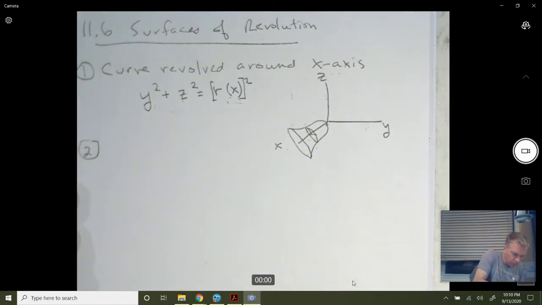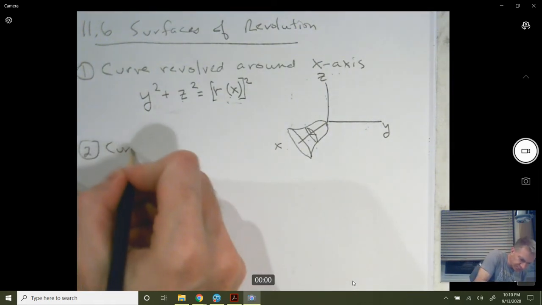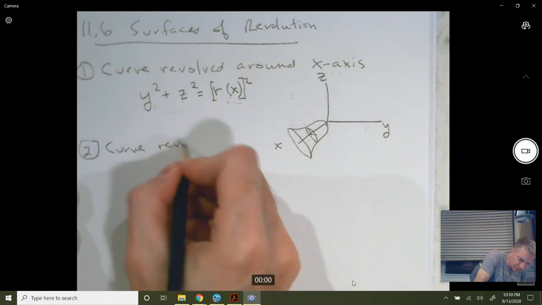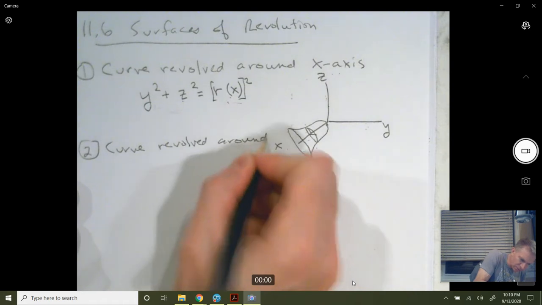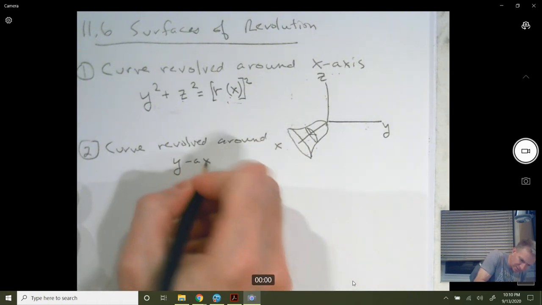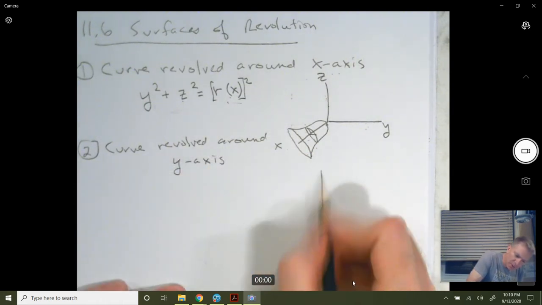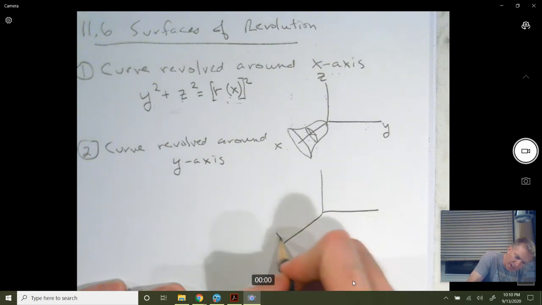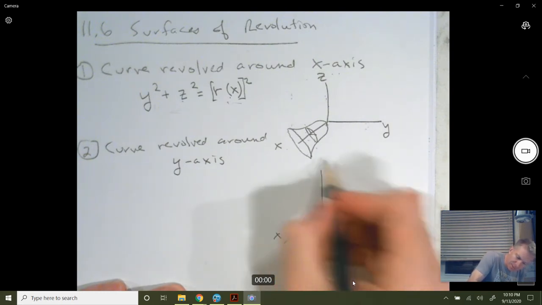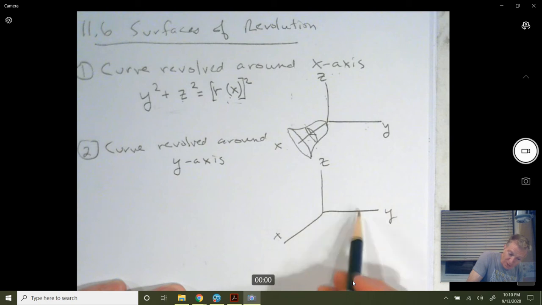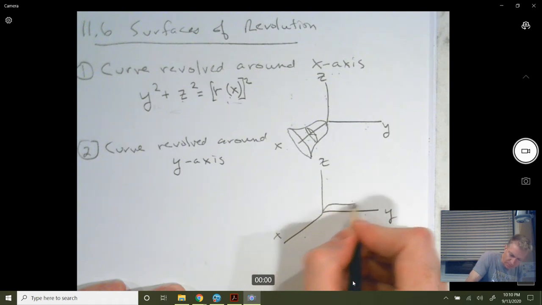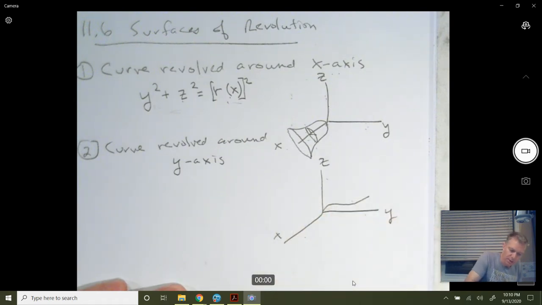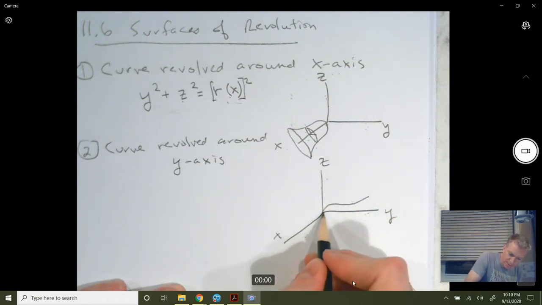Second form is a curve revolved around, next let's do the y-axis. Okay, so if you take a curve and you revolve it around the y-axis, so that curve either has to be in the yz plane or the yx plane. Let's say it's in the yz plane. Let's say you've got some kind of a curve like this. Okay, and you revolve it around the y-axis.